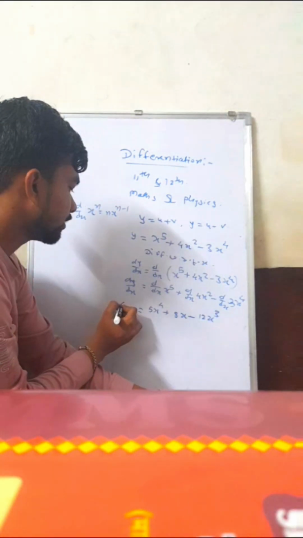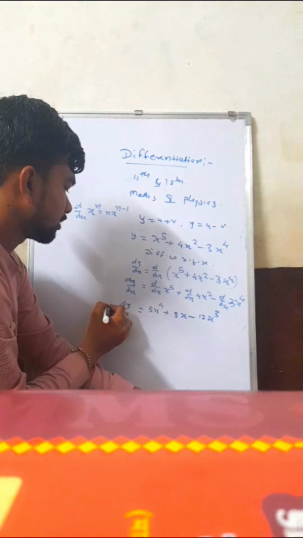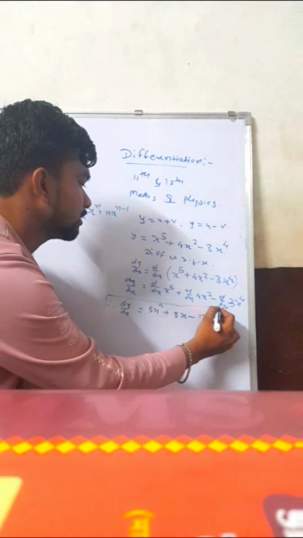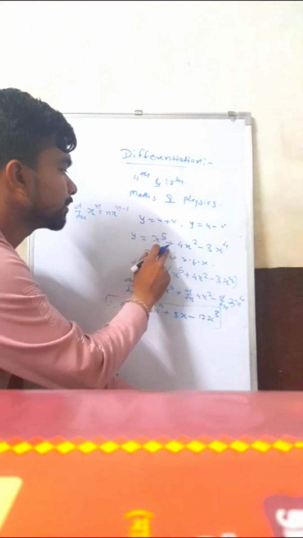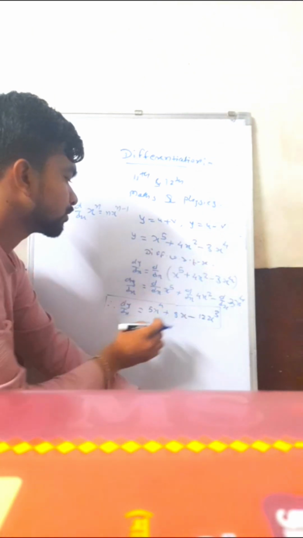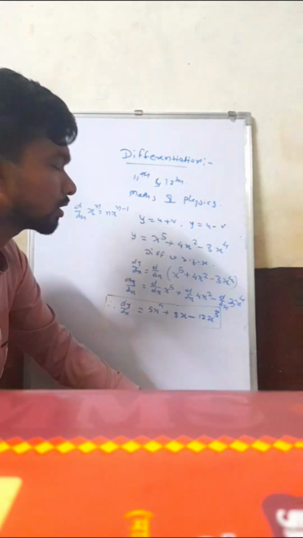This is the derivative of this addition and subtraction function, y is equal to x raised to 5 plus 4x square minus 3x raised to 4.